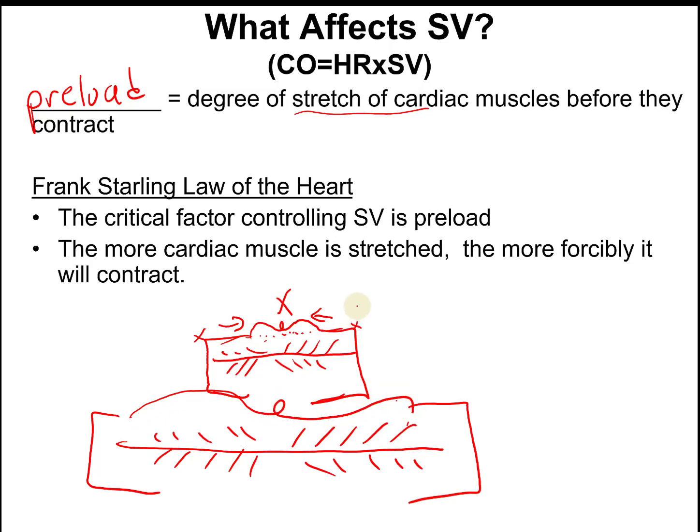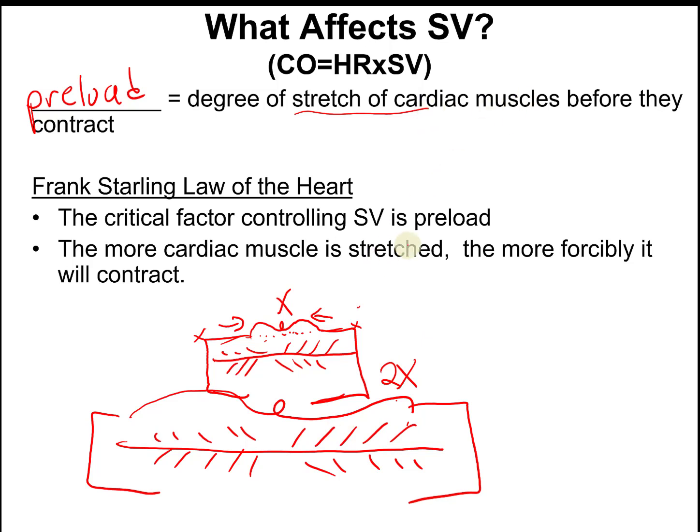Now, if this distance up here is x, then this distance down here might be 2x, just eyeballing it. So that means that the sarcomere of an athlete is going to contract 2 times longer than that of an average person and is going to produce 2 times more force. And that's what preload is.